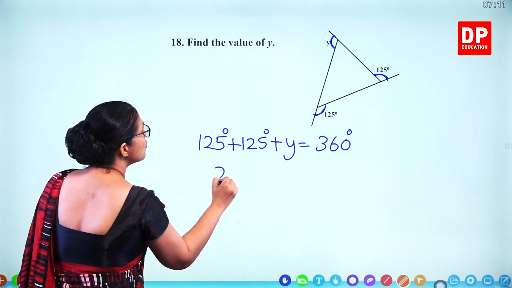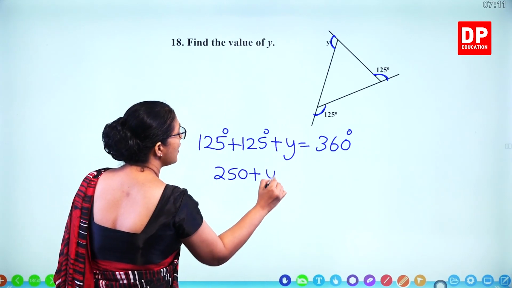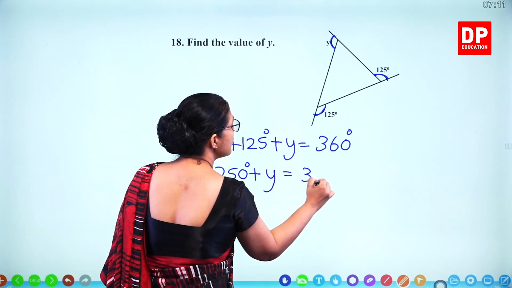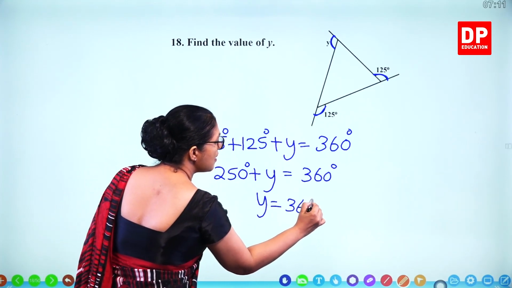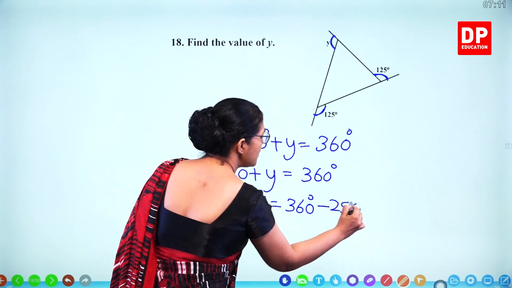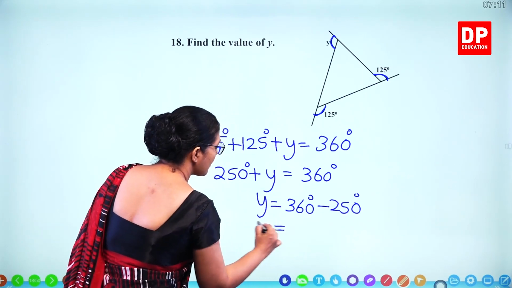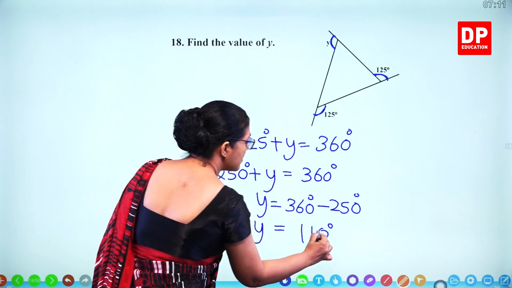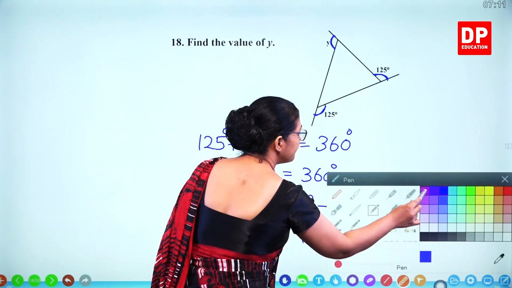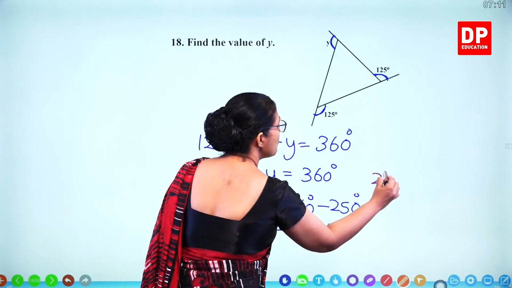So you get 250 plus y equals 360. So what's the y value? 360 minus 250. So the y angle is 110. 2 marks you are getting.